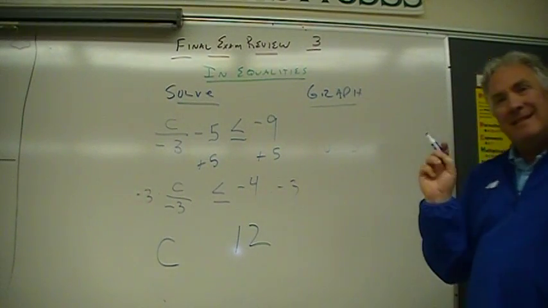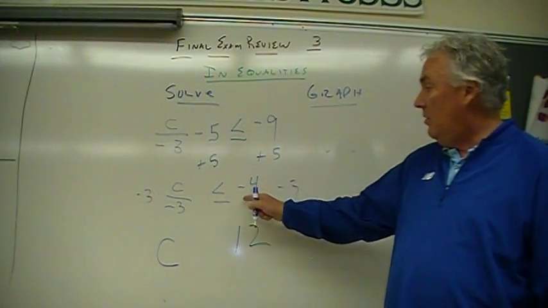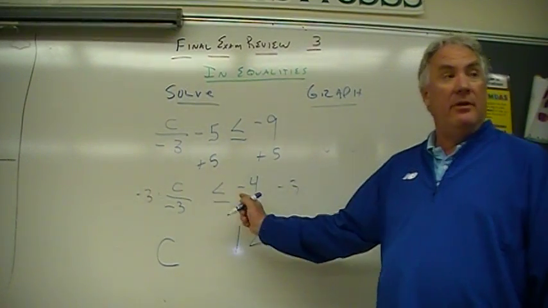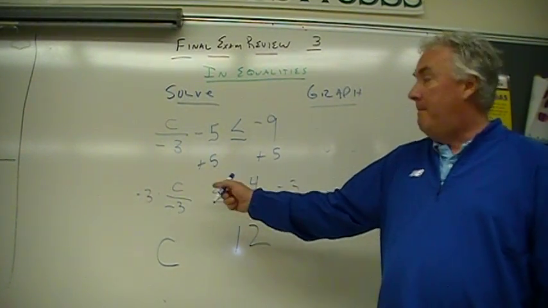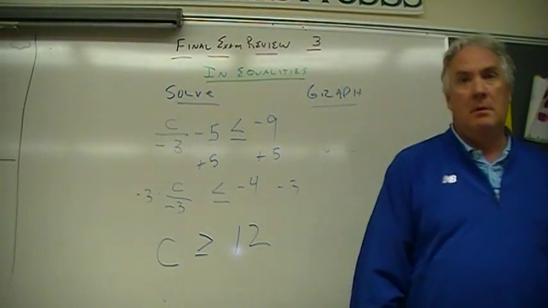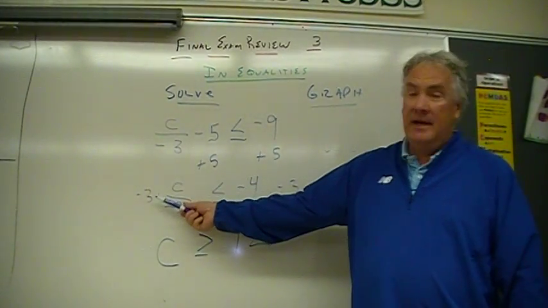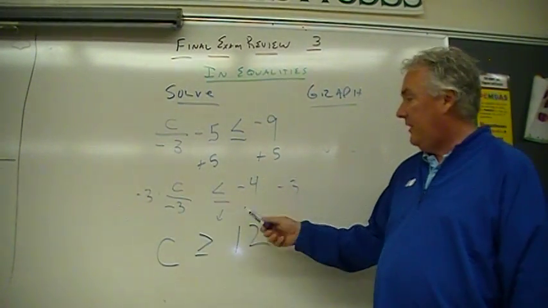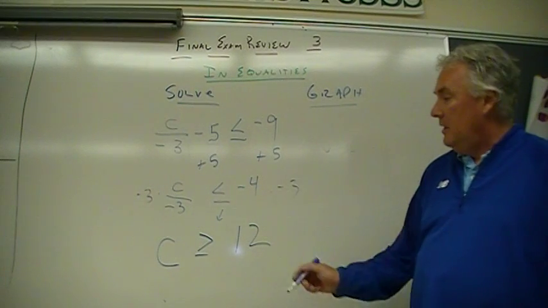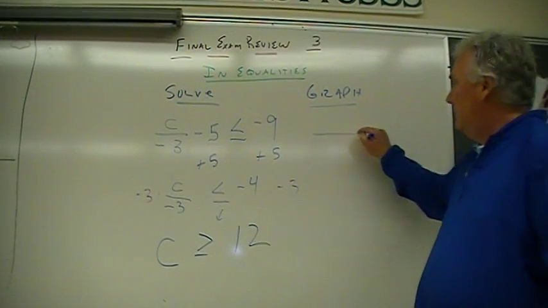However, this is the important piece that I want you to remember on inequalities. When you multiply or divide by a negative number, change the sign. Here we're multiplying by negative 3. Both sides, change the sign. So that becomes our answer. C is greater than or equal to 12.